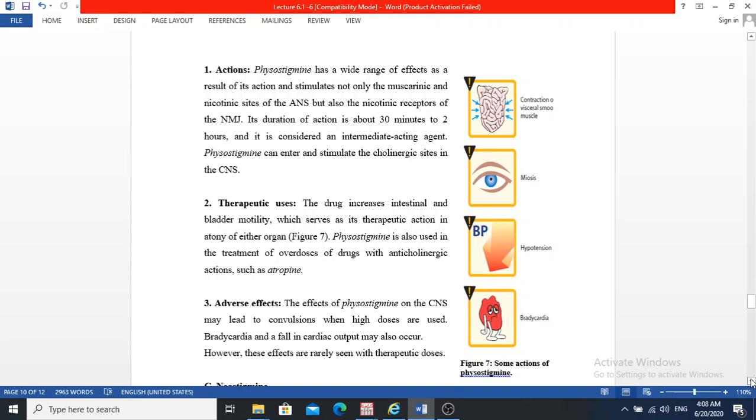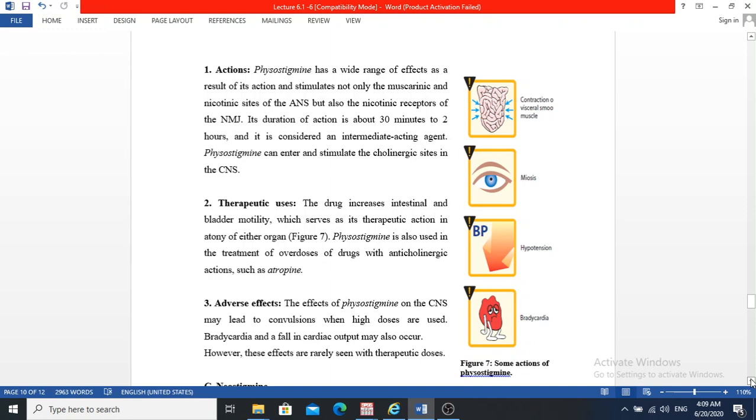It serves a therapeutic action in atony of either organ. The drug increases intestinal and bladder motility, which serves as its therapeutic action in atony, as we said, of either organ.